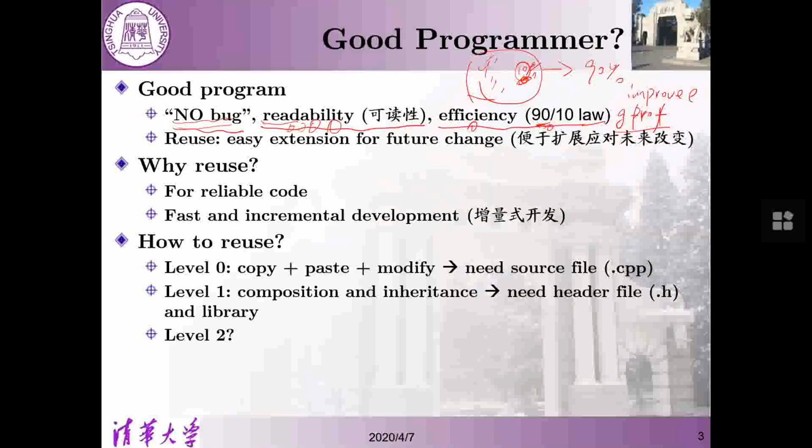Remember that. Related to this 90-10 law, we have another law, the 90-90 law. The 90-90 law says the first 90% of the code accounts for the first 90% of the development time, and then the remaining 10% of the code accounts for the other 90% of the development time.